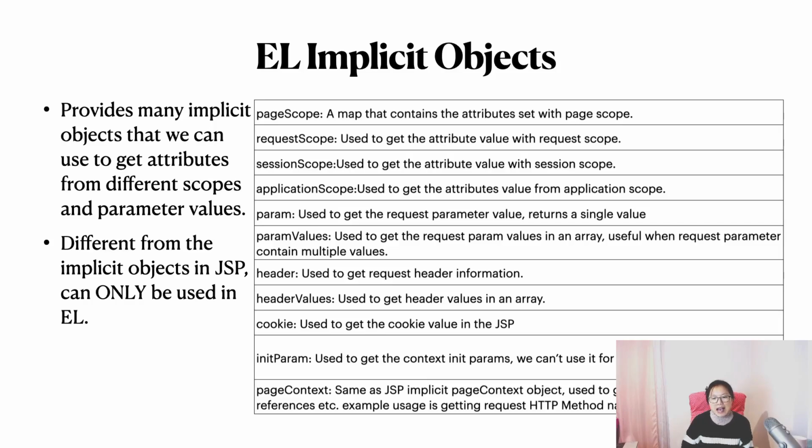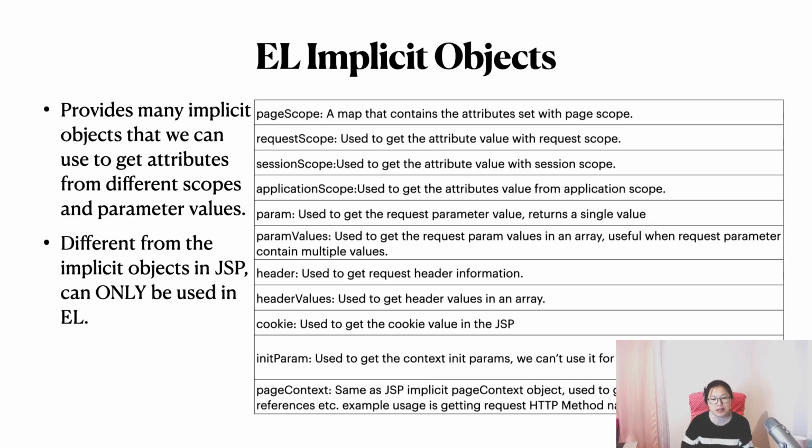And what we have talked about so far, like pageScope, requestScope, param, cookie, header, all of them are going to return a map to you, which is a key value pair. And the last one is special. The last one, the type is called pageContext, which is the same as the JSP implicit pageContext object.